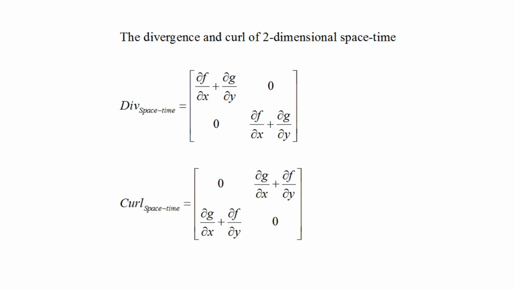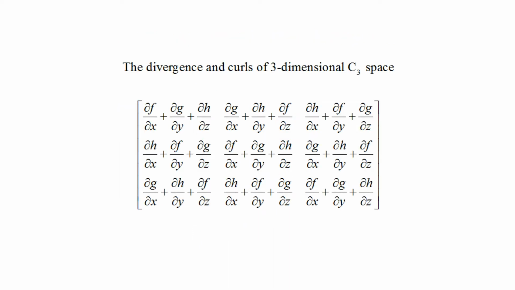We have the divergence and the curl of two-dimensional space-time. Notice the signs. These should be in the same one matrix, but we have separated them for clarity of exposition. We have the divergence and two curls of our three-dimensional space.